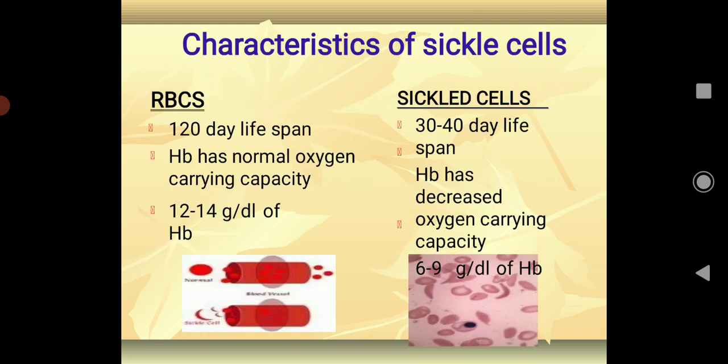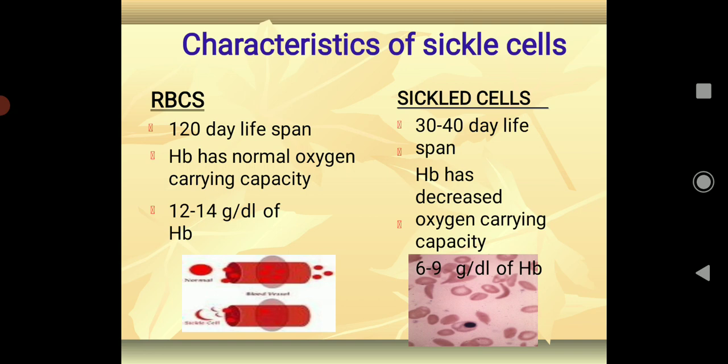Characteristics of the sickle cells and the normal cells. The normal RBCs have a 120-day lifespan and the hemoglobin has a normal oxygen carrying capacity. In normal RBCs, humans have 12 to 14 grams per deciliter of hemoglobin.